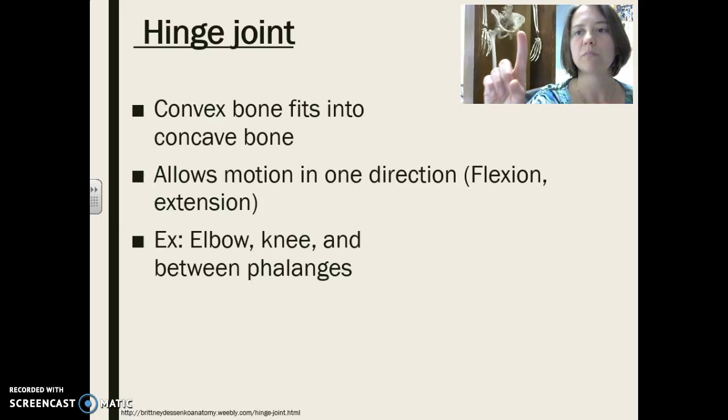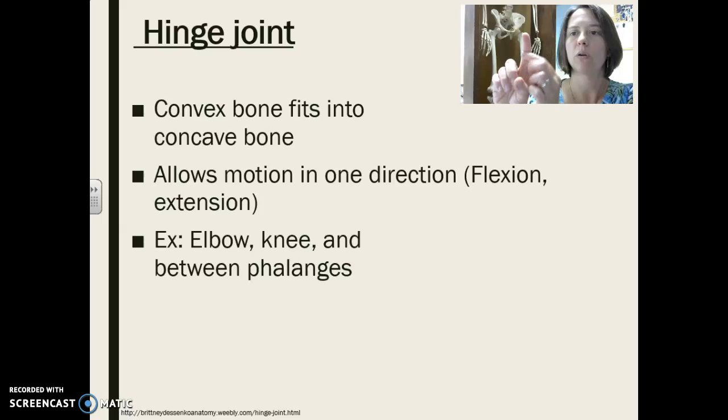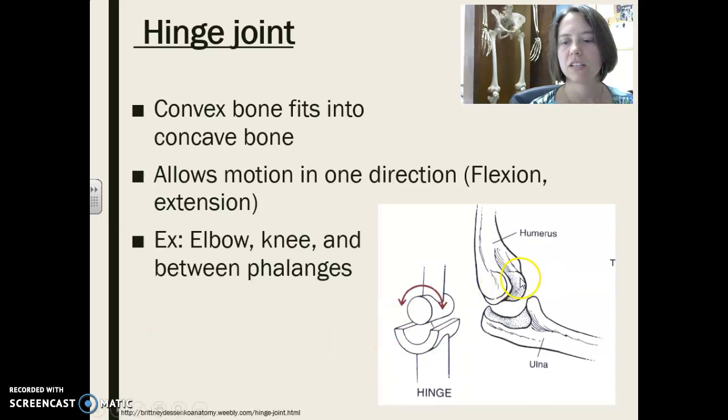This also happens between the phalanx bones in the fingers and toes. So not between the metacarpal and the phalanx, but between the two phalanx bones. So it allows flexion and extension. And here is an example of a convex bone fitting in a concave bone for a hinge joint.